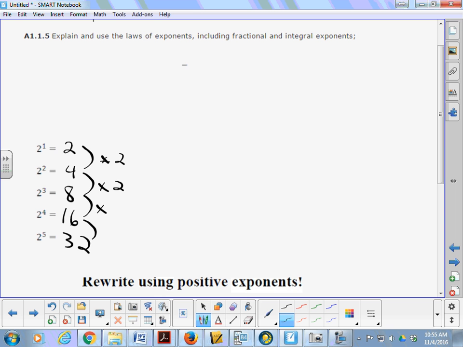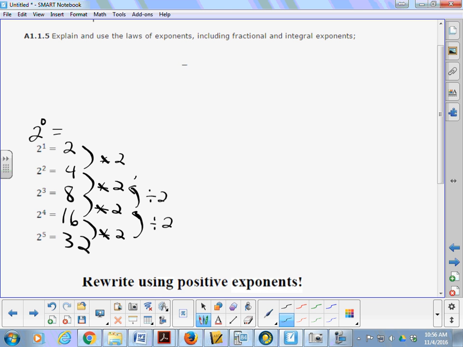But what happens if we go the other direction then? Let's put in here 2 to the power of 0. Well, how do I get 2 to the power of 0? Since we multiplied each time to get from 2 to 4 to 8 to 16 to 32, if we work our way backwards, that means instead of multiplying, we are dividing each time by 2.